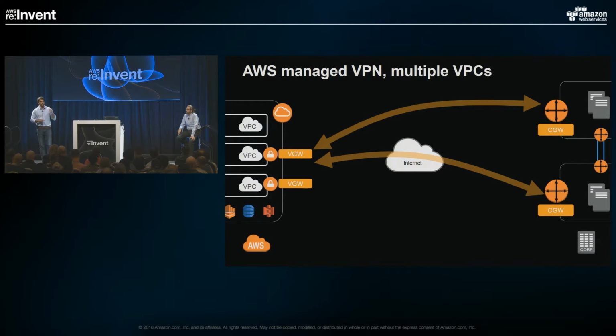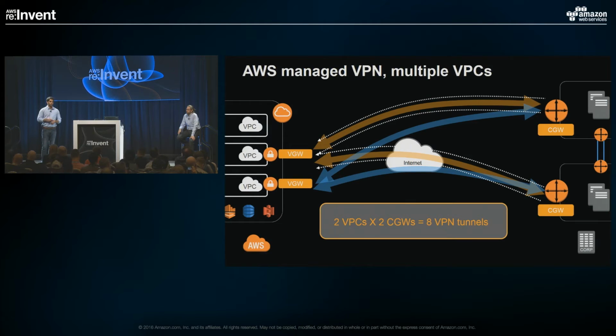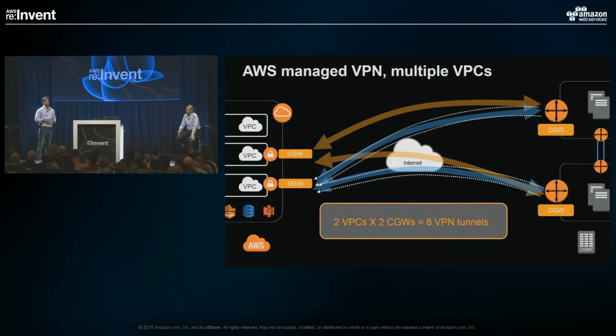So for VPN, we'll bring up a second virtual private gateway and create a pair of VPN connections, reusing the existing customer gateways, to the second virtual private gateway. We have 4 VPN tunnels per VPC, a total of 8 VPN tunnels. You can repeat these steps for as many VPCs as you want to connect to. So just keep these steps and this architecture in mind.